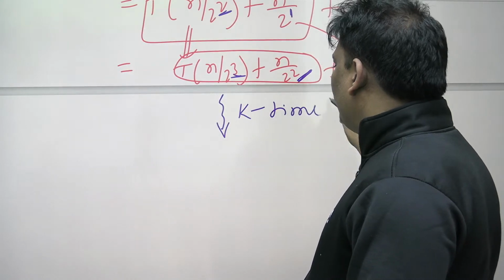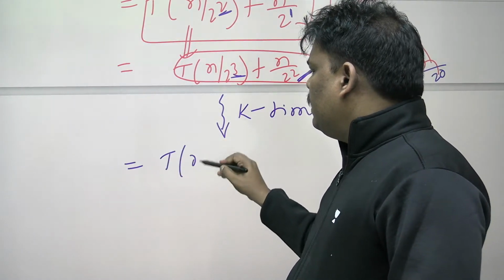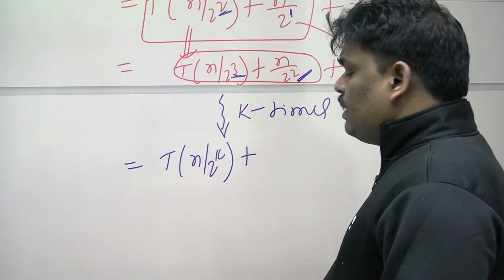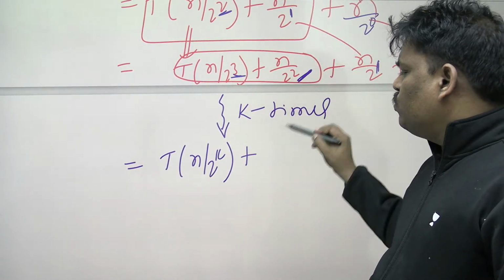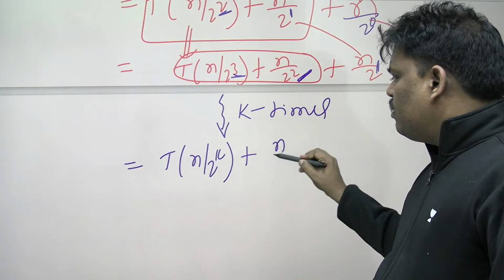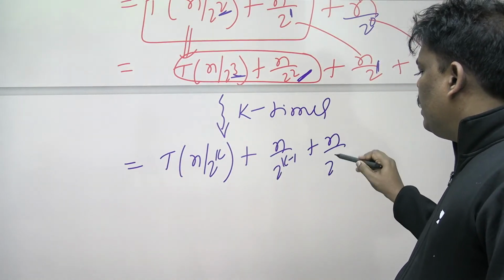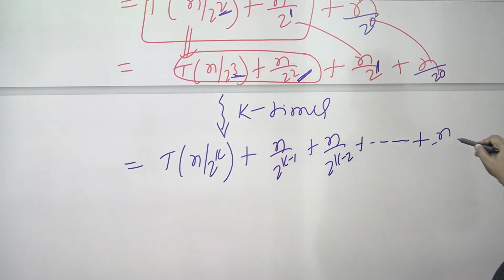If I do k times, it will become T of n by 2 power k. The powers go n by 2 power k minus 1, n by 2 power k minus 2, decreasing by 1, lastly n by 2 power 1, n by 2 power 0.